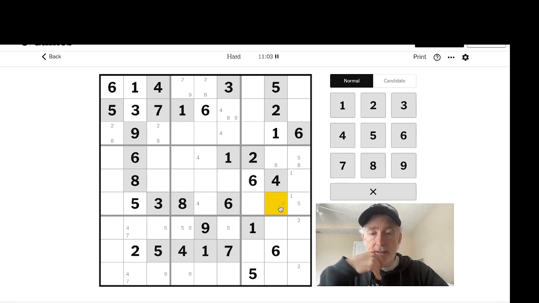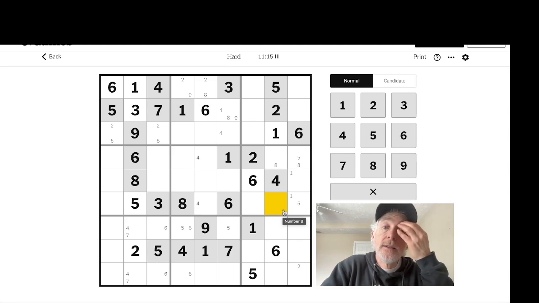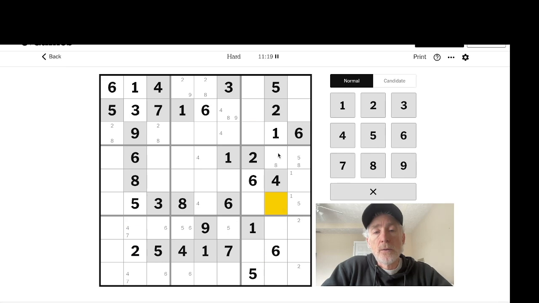What about this cell? Can't be 1, 2, 3, 4, 5, 6. It can be 7 or 9. That's what it's down to, 7 or 9. So 3, 7, 8, and 9 is what we need here.